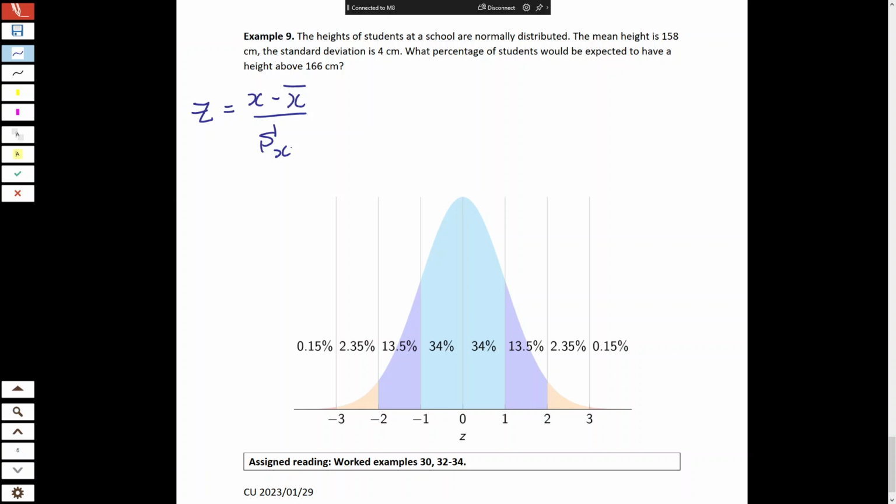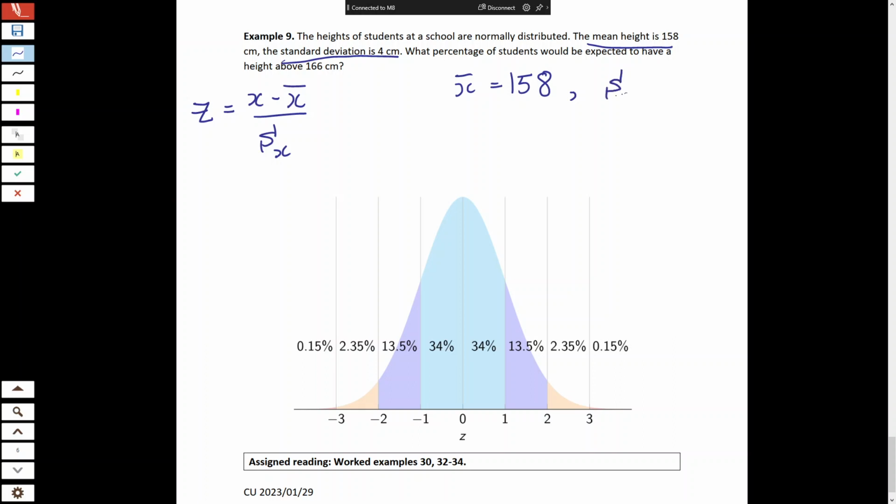I need a value for x bar, the mean, and sx, the standard deviation. Do I have that? Yep. So x bar is 158.